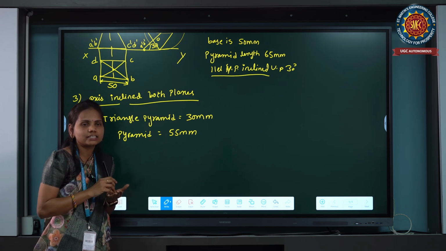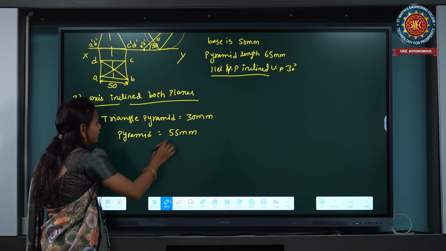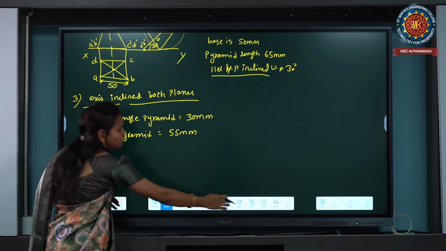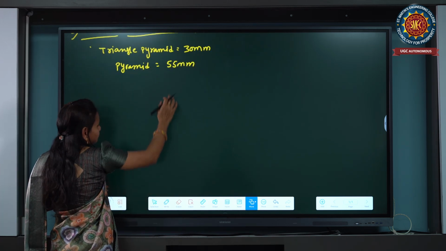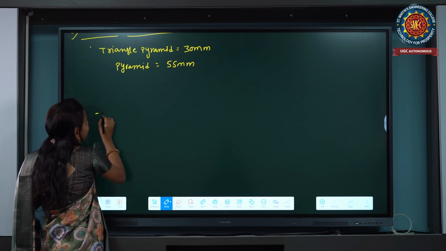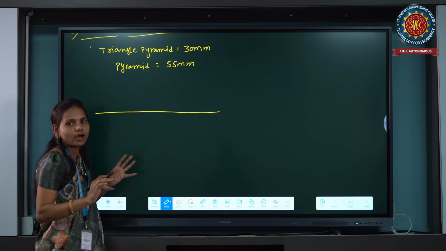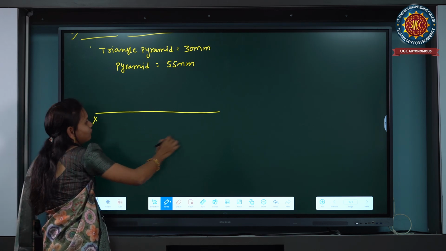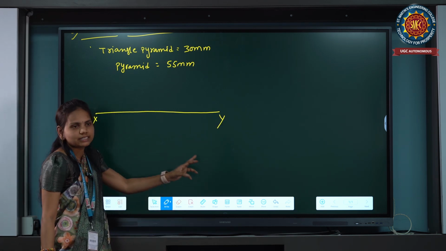The condition is axis parallel to VP. So draw it inclined to both planes. First draw a reference line. Clear? So after that take X and Y. This is the X and Y plane.